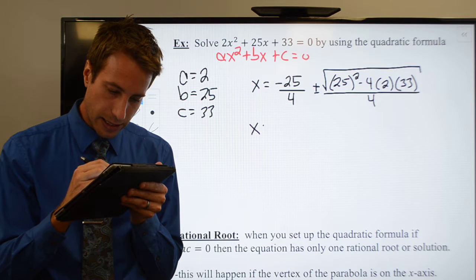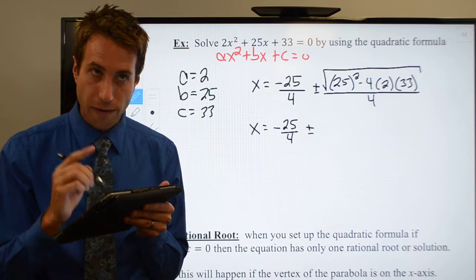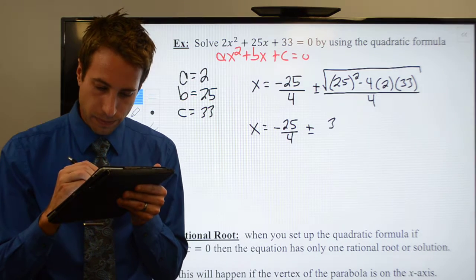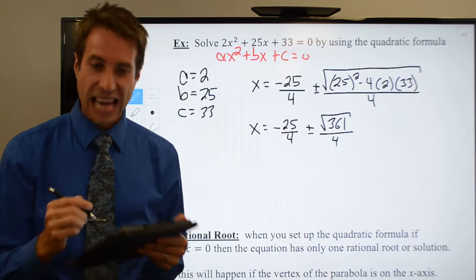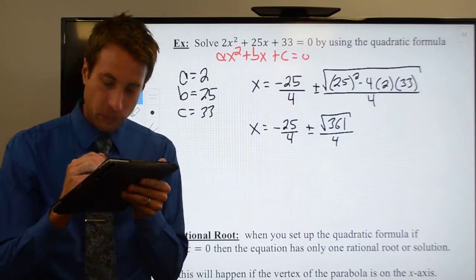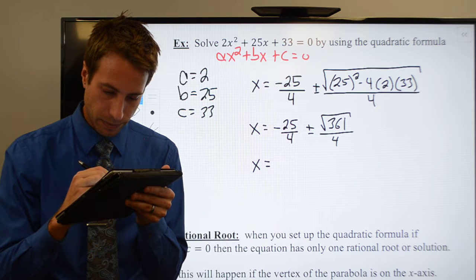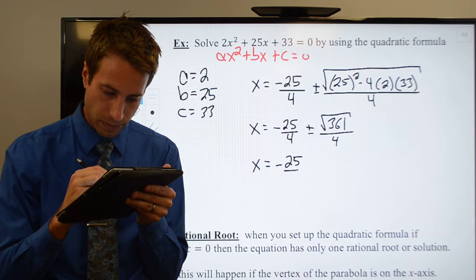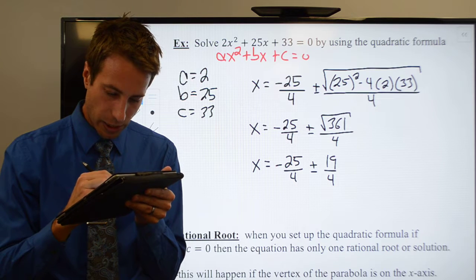We wind up with x is equal to minus 25 fourths, plus or minus the square root of 361 all over 4. And actually 361 turns out to be a perfect square. It's 19. Not one I expect you to know. Please use your calculator. Well, let's get our two answers.